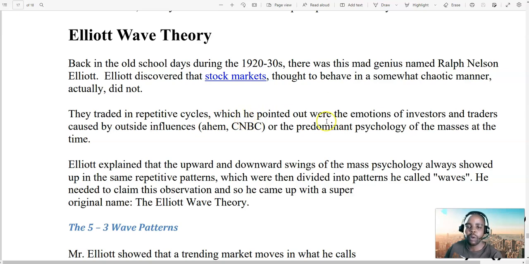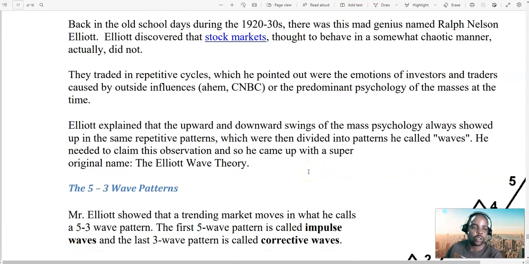He pointed out these were the emotions of investors and traders caused by outside influences like news traders, fundamental analysis, CNBC, 24-hour news broadcasting and so forth, or the predominant psychology of the masses at the time.